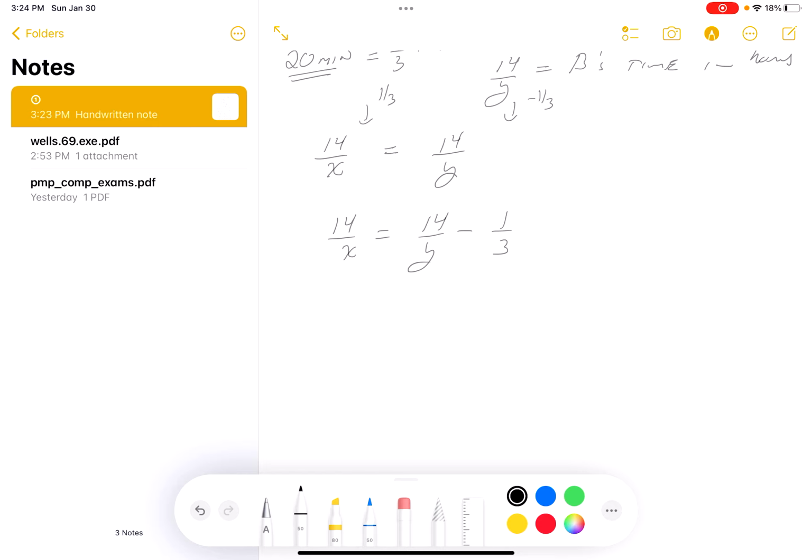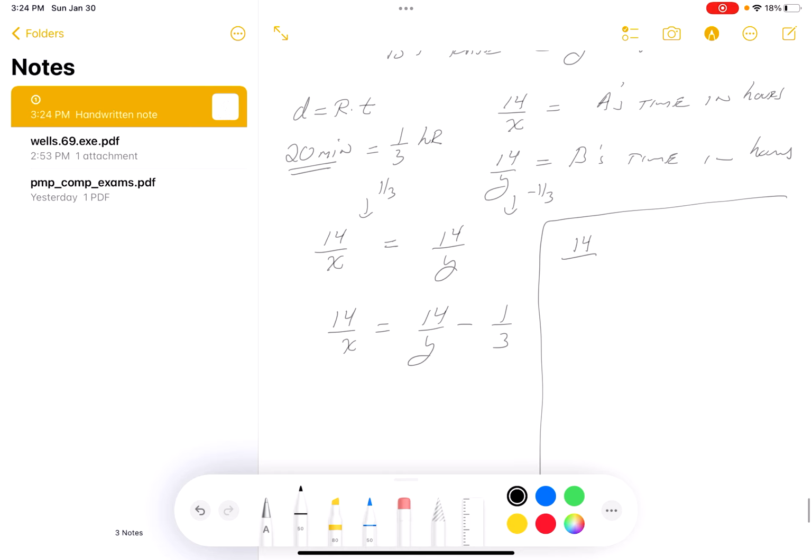So this is an equation, and it's a good equation. It's like the journey there, but now I've got to take the journey backwards, and I have to read it again. I'm not trying to memorize it, I'm trying to read it. It says on the return trip, each travels 1 mile per hour faster. So now it's going to be 14, and we're talking about A again. His rate now is going to be X plus 1.